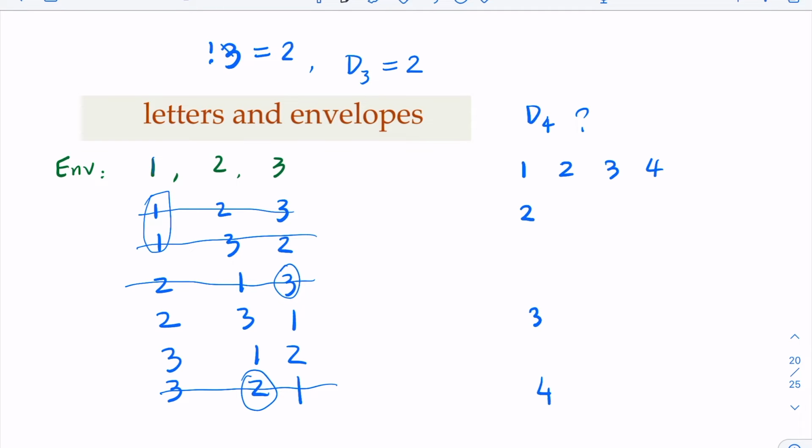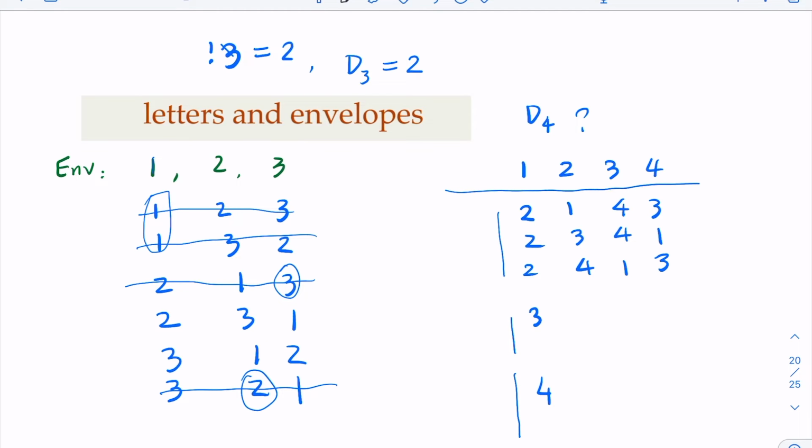So if you put 2, now here you can put 1, 4, 3, and you can put, let's say, 3, 4, 1, and you can put 4, 1, 3. I don't think there are other ways. By the symmetric property, you would have 3 other entries here. Total would be 9 entries.